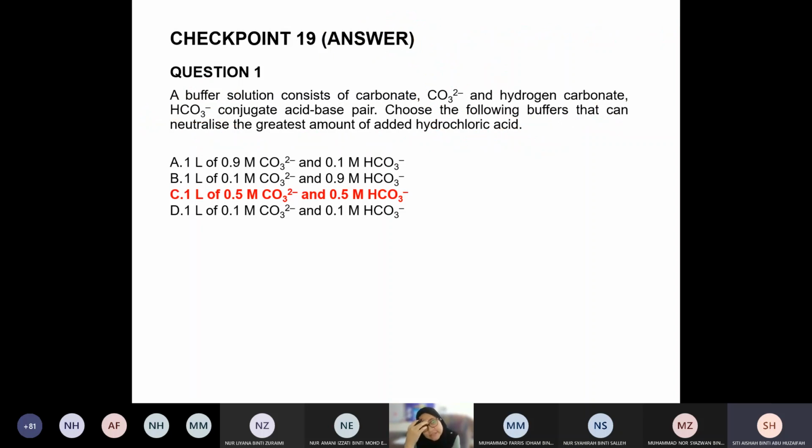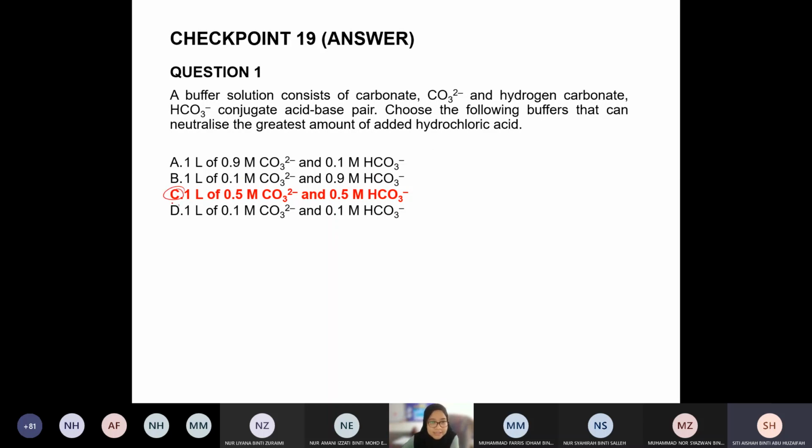We prefer the same concentration because we want the ratio equal to or closest to 1. So the answer is C, not A, not B, and not D. A and B were rejected early.